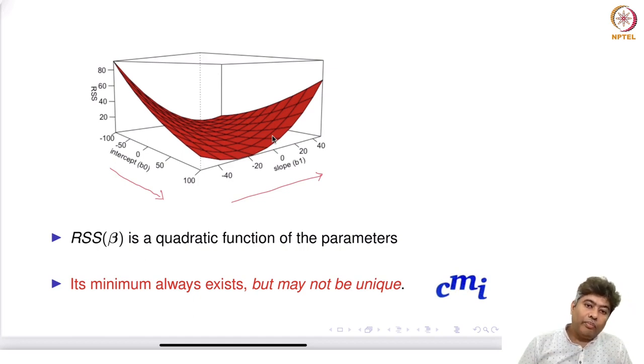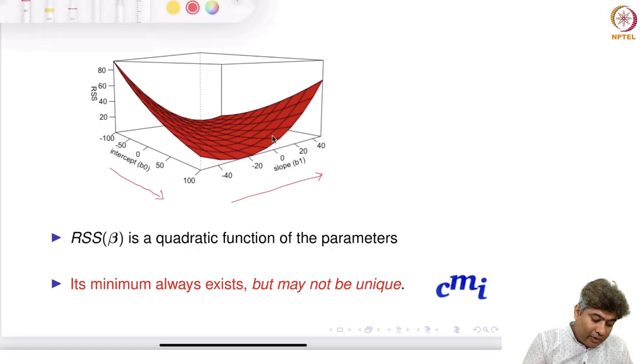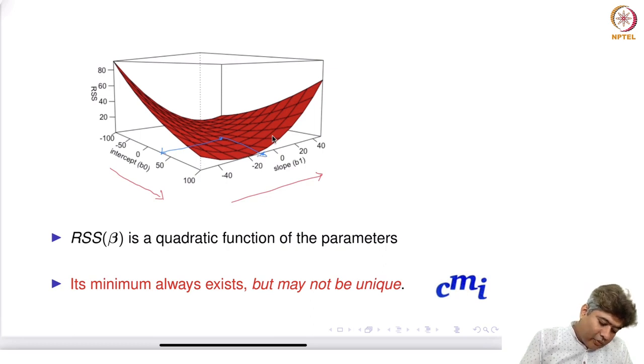Obviously I would prefer a slope and intercept, somewhere here, maybe in blue, where we get the minimum value. Where the value is minimum, we will try to get there.